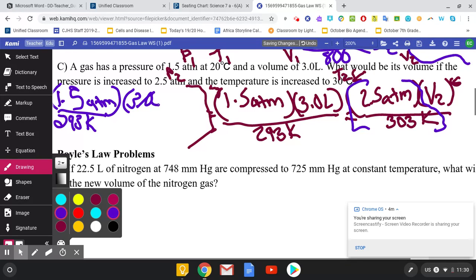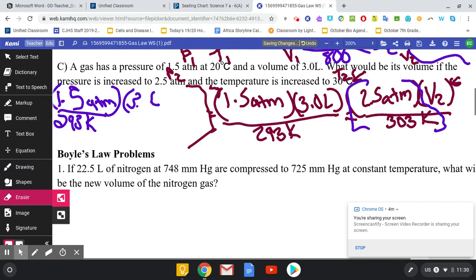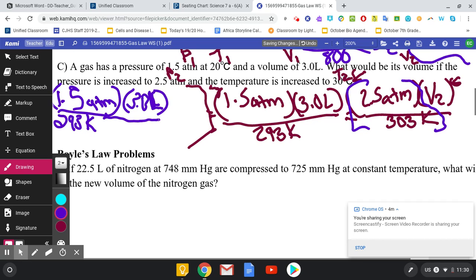Oops, this is getting kind of messy. Okay, this is the first part again. Now, to get rid of this and leave V2 by itself, we multiply each side by the opposite. So it's 303 K, so those will cancel out, over 2.5 atm, which means we're going to have to multiply that on this side as well.